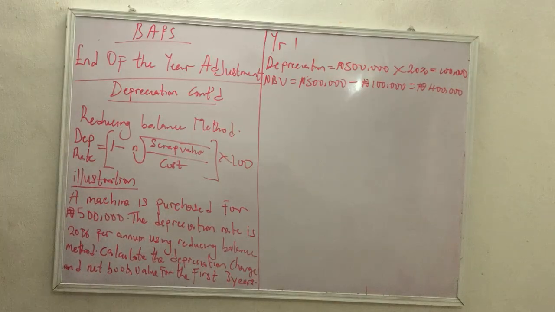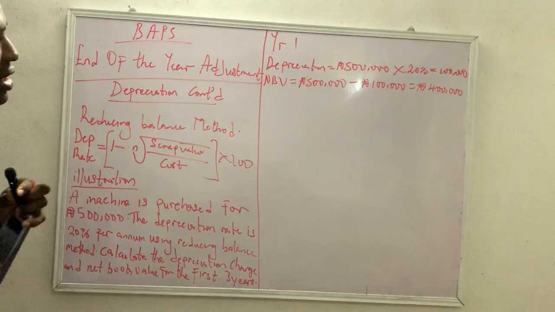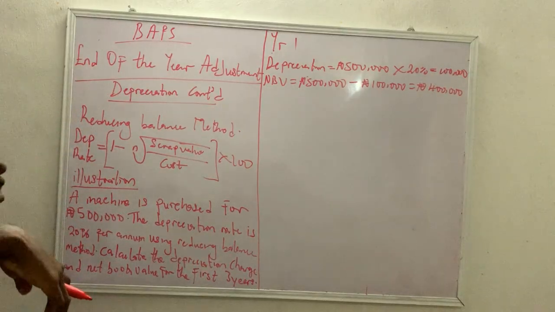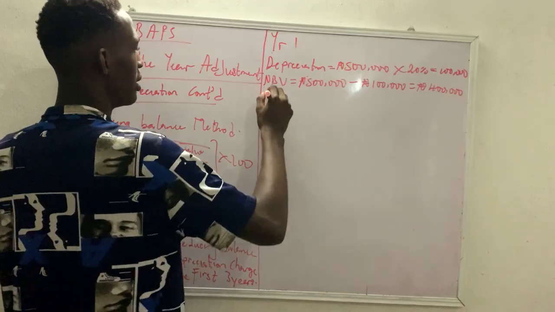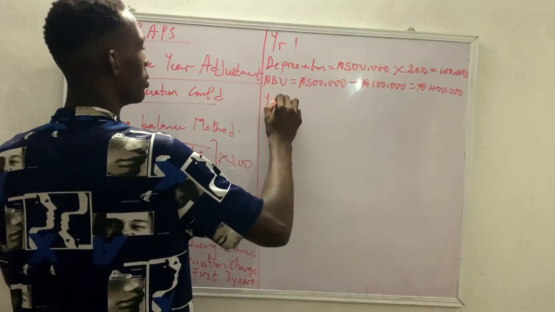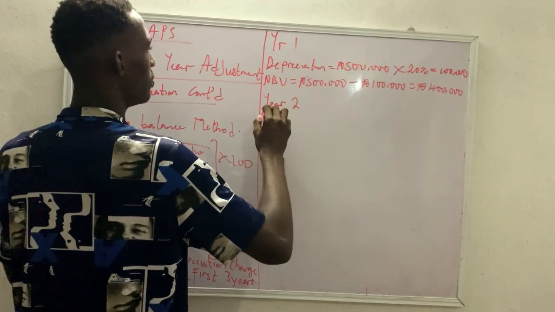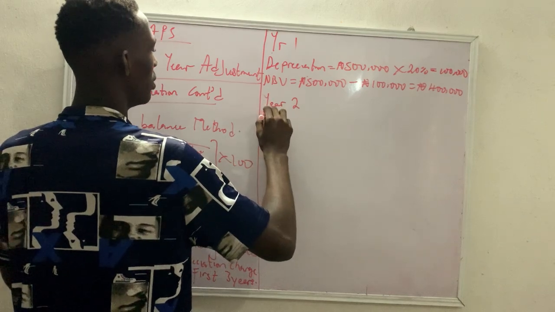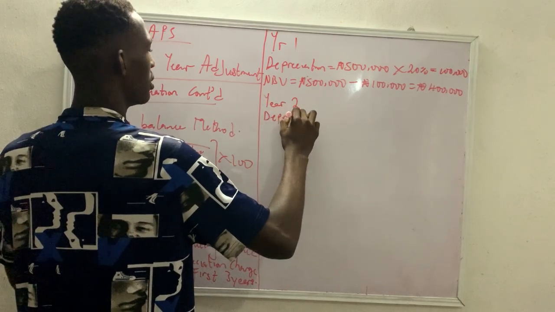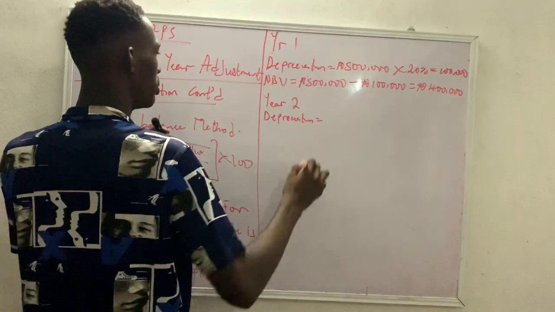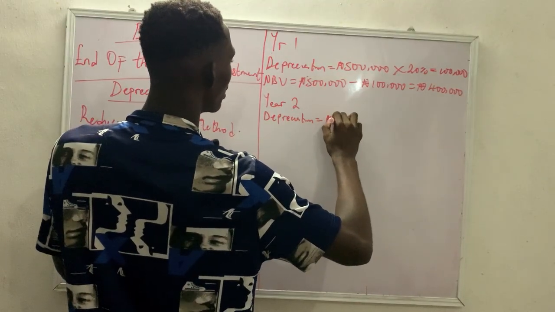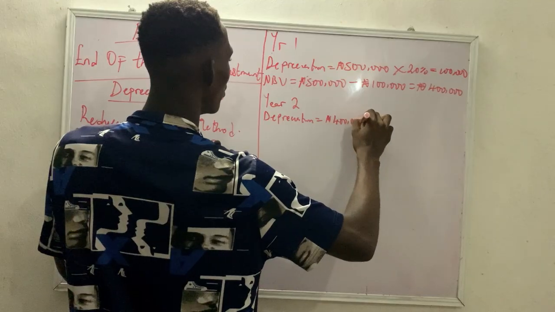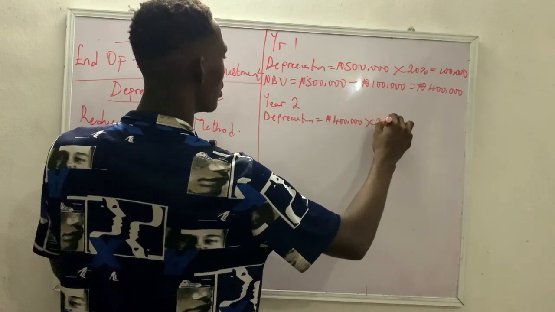So now for year two, unlike our straight line method, whereby our 100k would have been our depreciation charge for the whole years, our depreciation charge for year two is going to be changing. So for year two, our depreciation charge will be what? Our net book value, which is 400k, times 20%.